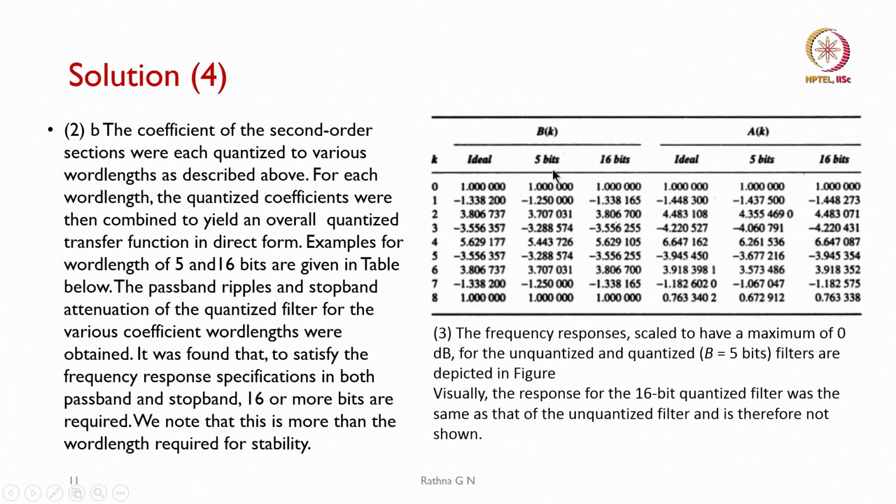For 5 bits, what we want is the ideal one, and with 16 bits, as you can see, it is closer to the original one. So, this is how we will be calculating and then fixing our number of bits.